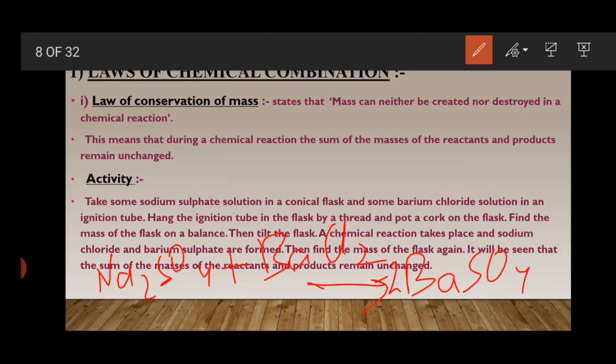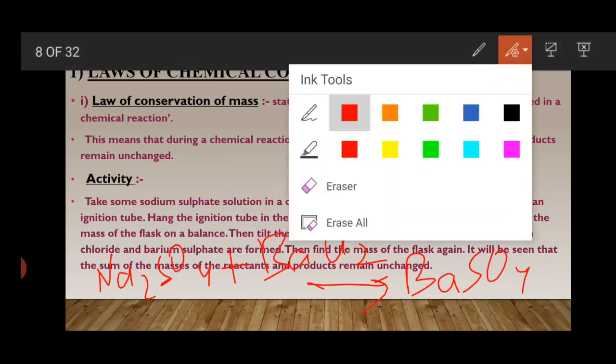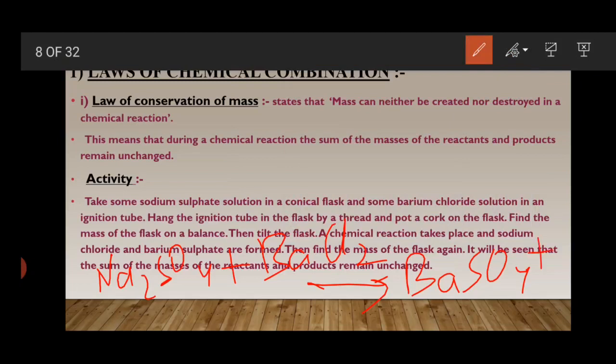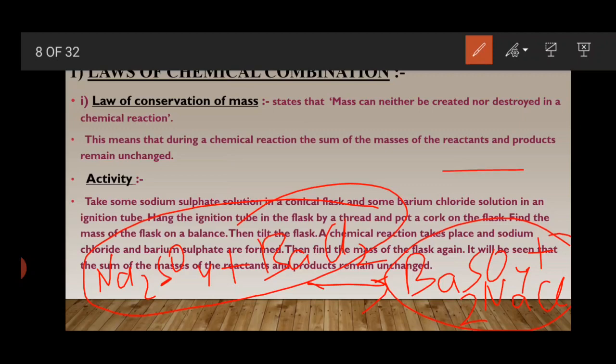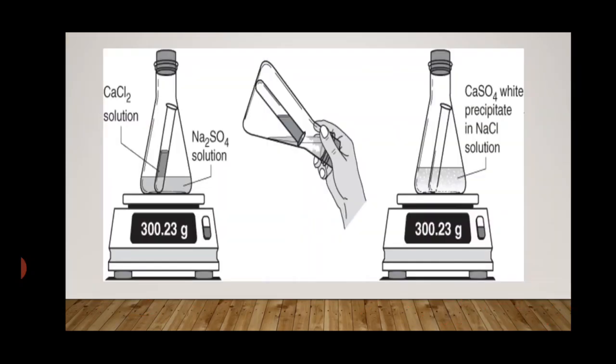According to this activity, sodium sulfate solution reacts with barium chloride. The sodium sulfate formula is Na2SO4 plus BaCl2. Because of the combination, what products will form? BaSO4 plus 2NaCl.